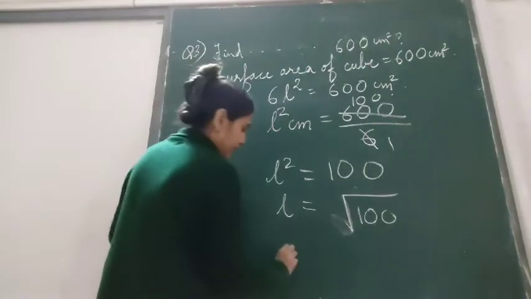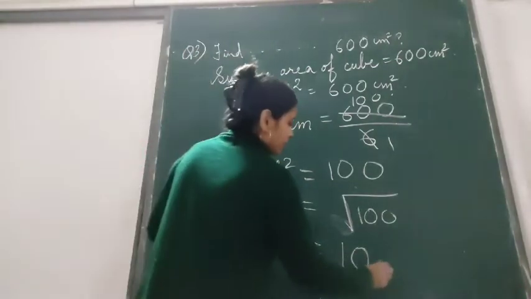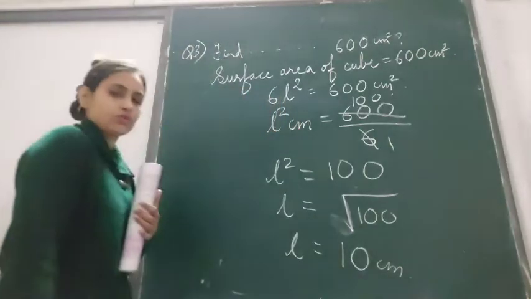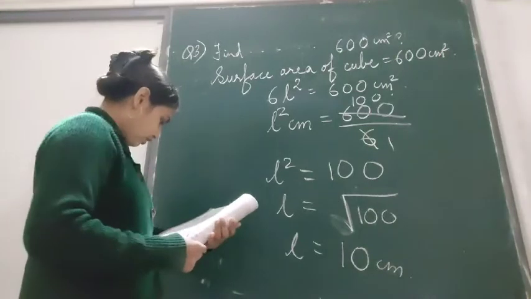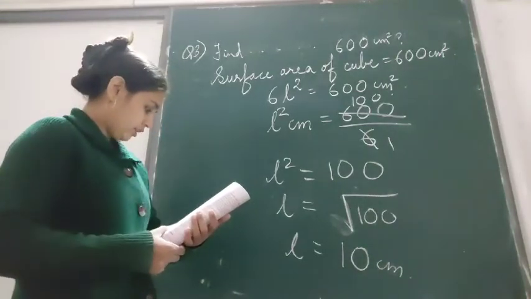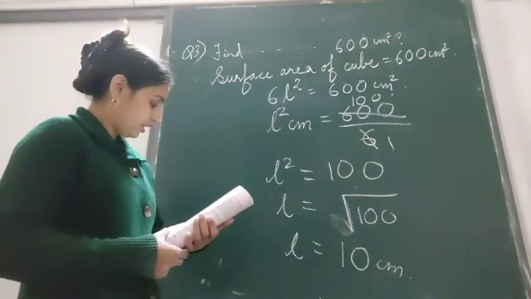Square root of 100 is 10. So the value of L is 10 centimeters. So this completes question. So easy question it was, no? Very small. Okay. So this completes question number 3.